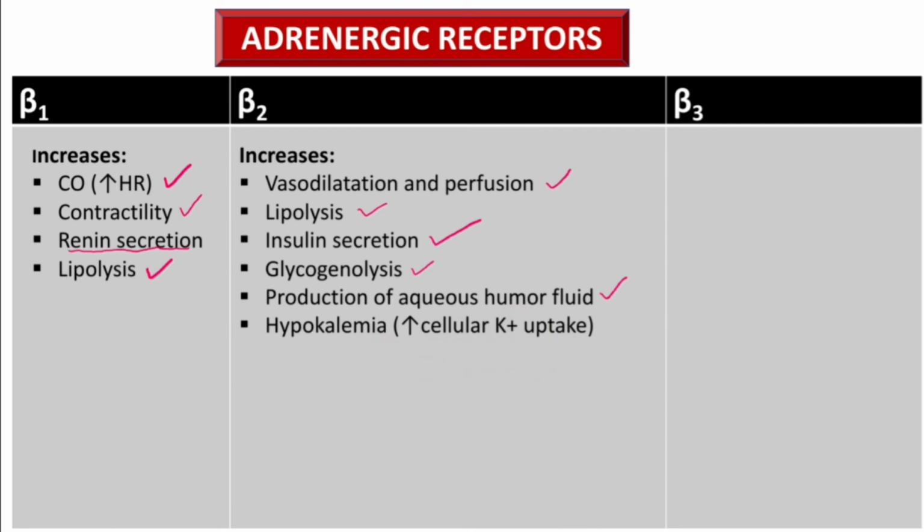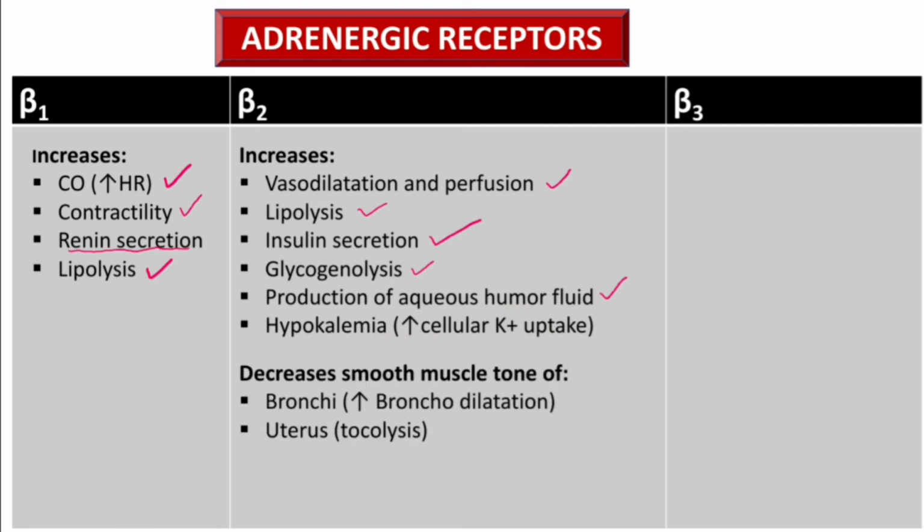What decreases? If you stimulate here, there will be decreased smooth muscle tone of the smooth muscles in the bronchi. There will be bronchodilation. You want to breathe, you want enough oxygen so that you can fight or run. And also in the uterus, this one is called tocolysis.